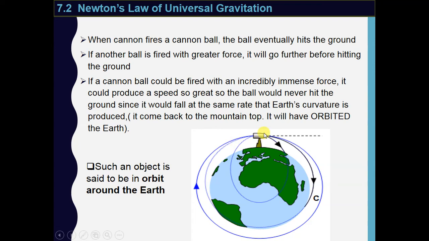So pay attention with me. When a cannon fires a cannonball, the ball eventually hits the ground. This is the first one. If another ball is fired with greater force, it will go further before hitting the ground. If a cannonball could be fired with incredibly immense force, it could produce a really great speed, so the ball would never hit the ground, since it would fall at the same rate that the earth's curvature is produced.